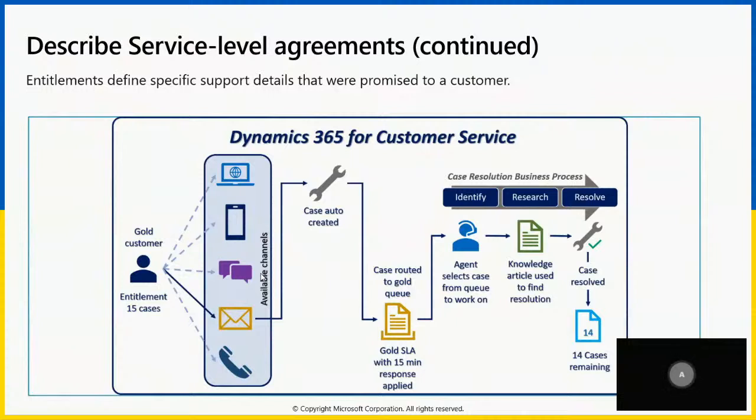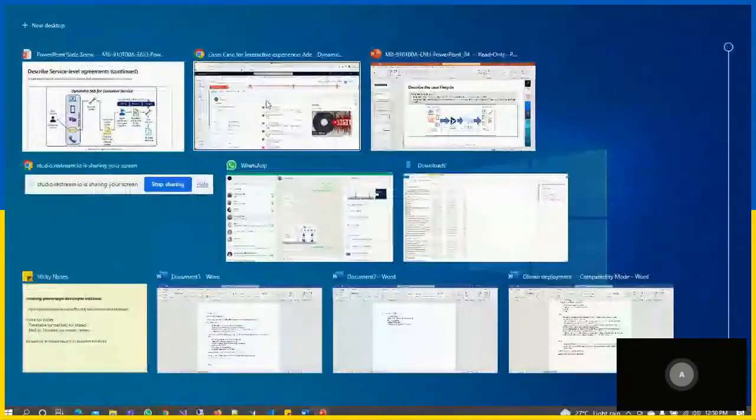Let's say today they raise 2 tickets, you're going to have 28 cases left in the entitlement. Let's say they raise 5 the next day, that's 5 plus 2, 7, then you're going to have 23 cases left.